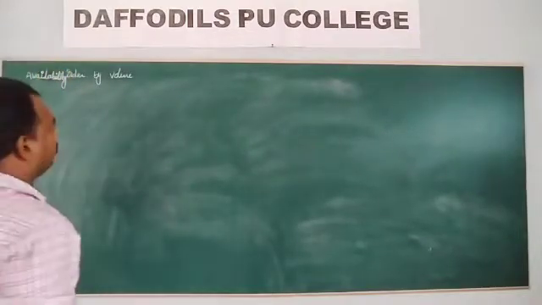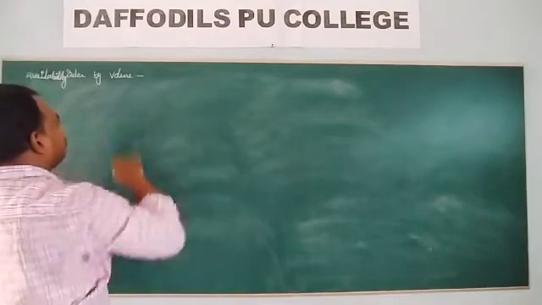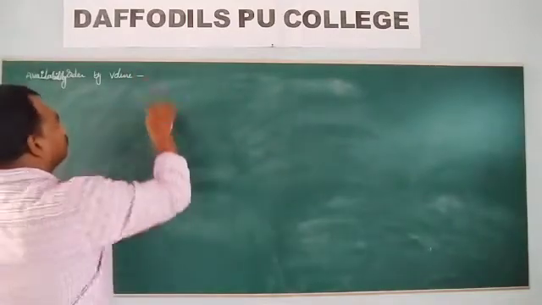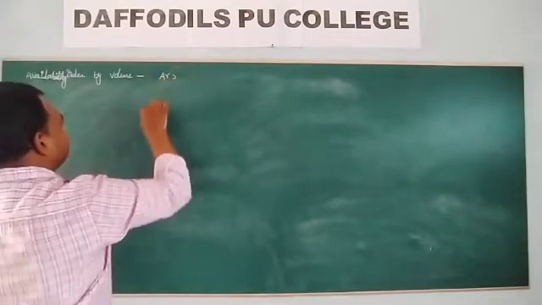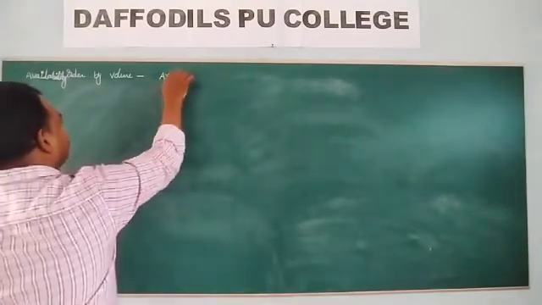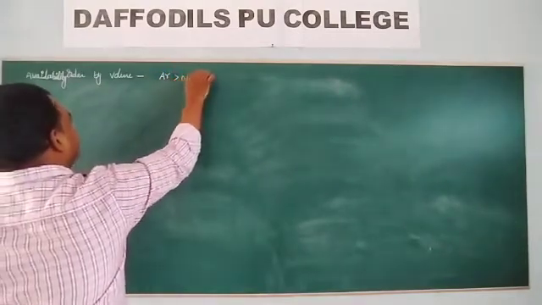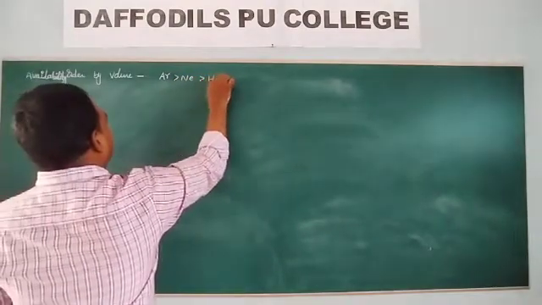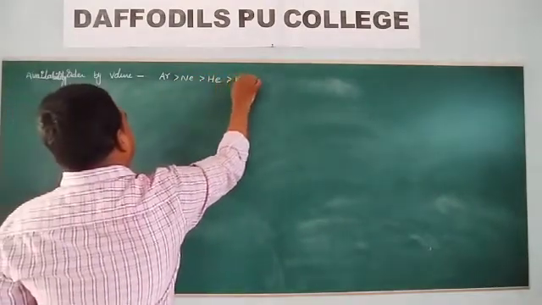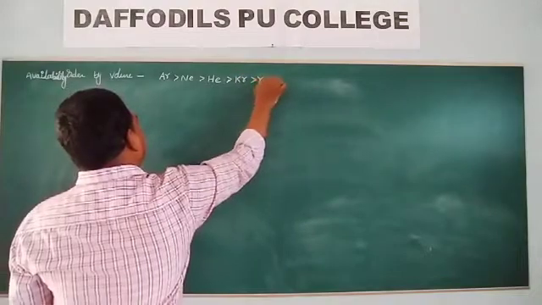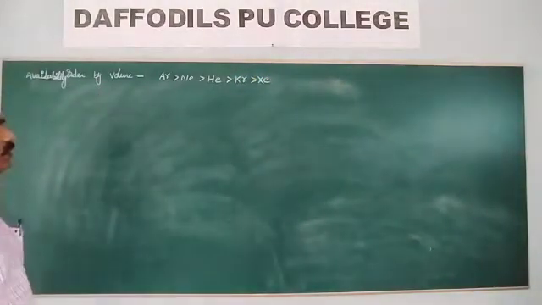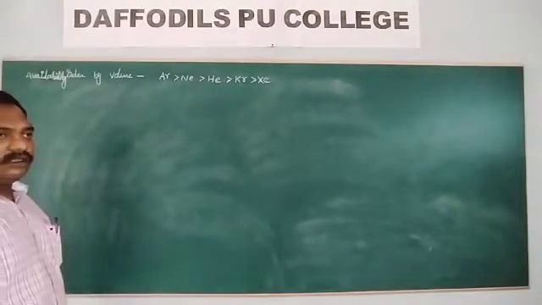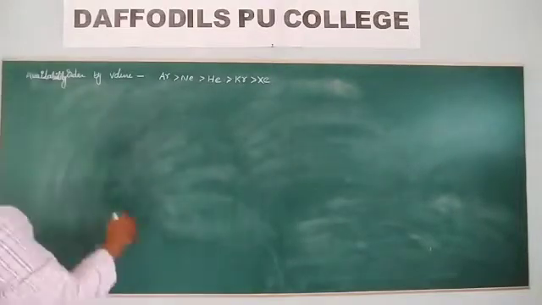Among these noble gases, the highly available gas is argon. After that, neon. After that, helium. Then krypton, xenon. So this is the availability order of different inert gases in terms of volume.